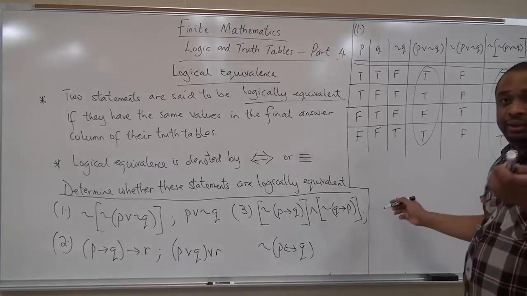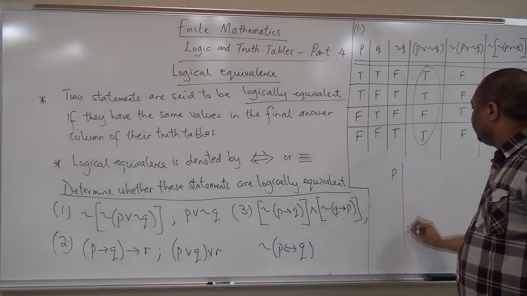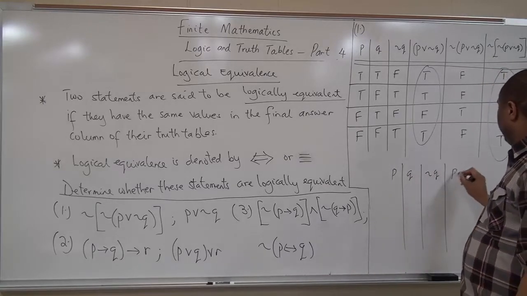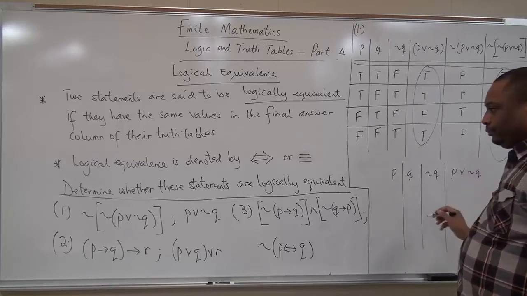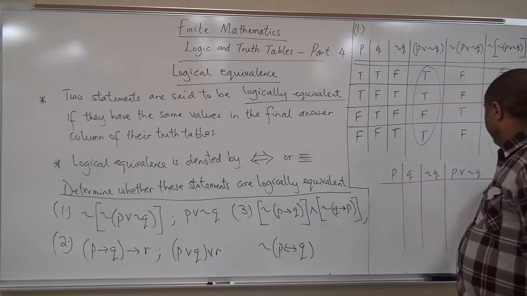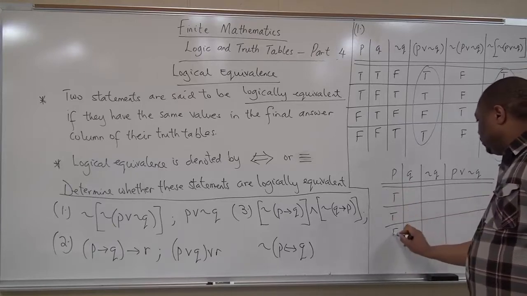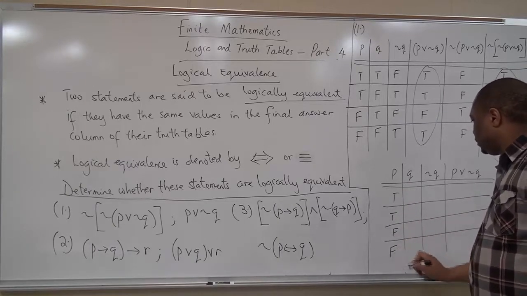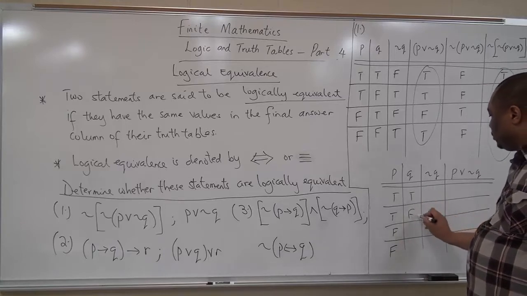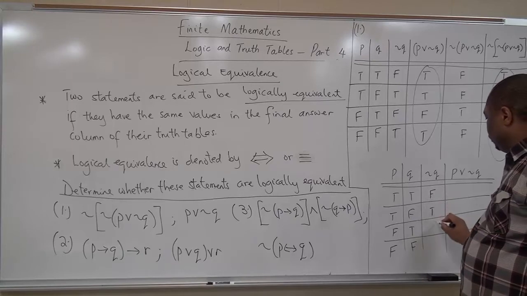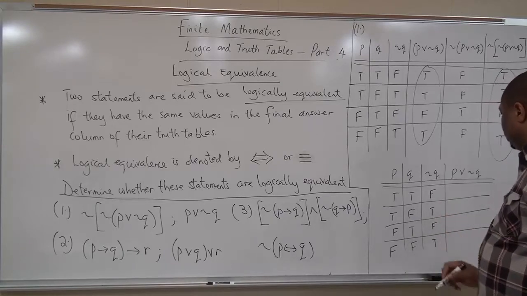But if you still want to do the truth table: P, Q, not Q, then P or not Q. This will be true, true, false, false. This is true, false, true, false. This is false, true, false, true.